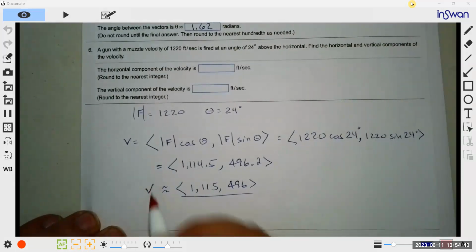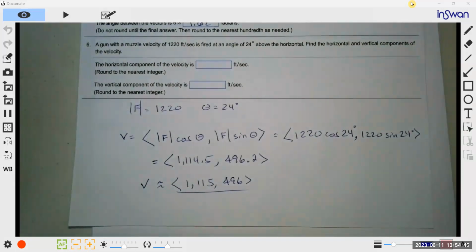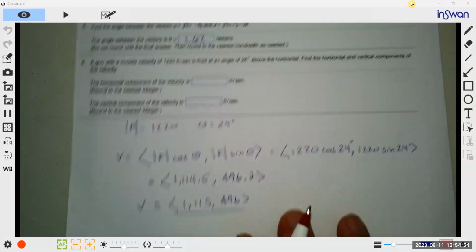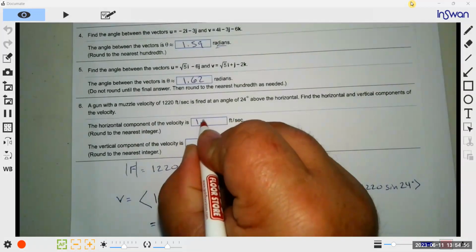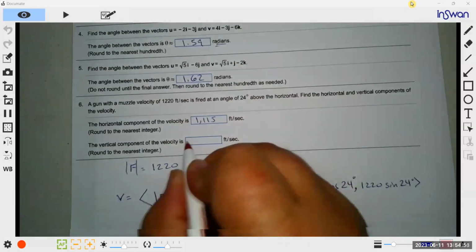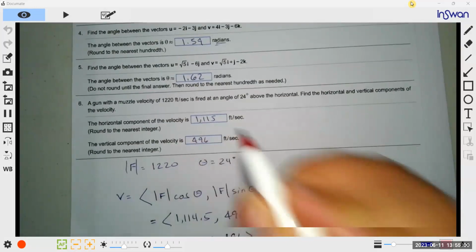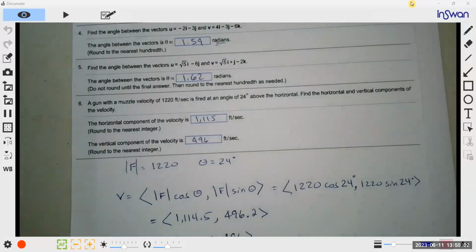So that's the horizontal and vertical velocities of that gun. The horizontal component is 1,115, and the vertical is 496 feet per second.